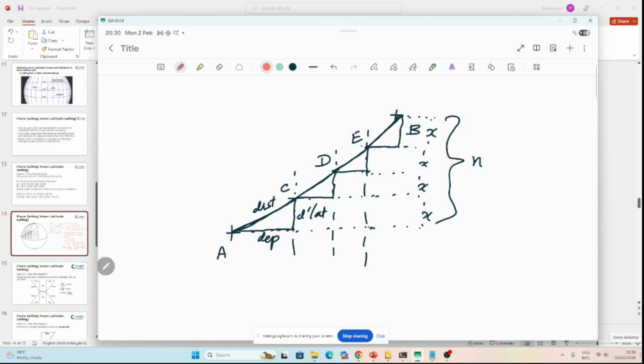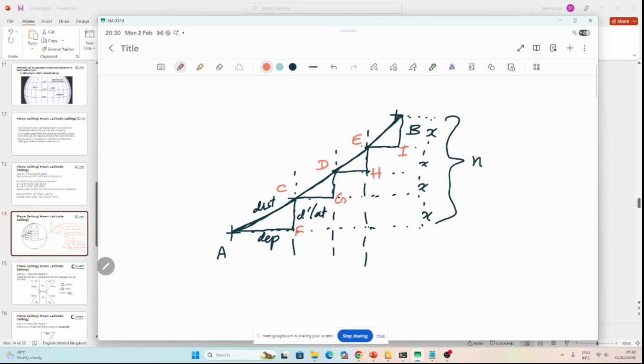So let me put it in different colors. I will put C here, D here, E here, and this point is F, G, H, this is I.